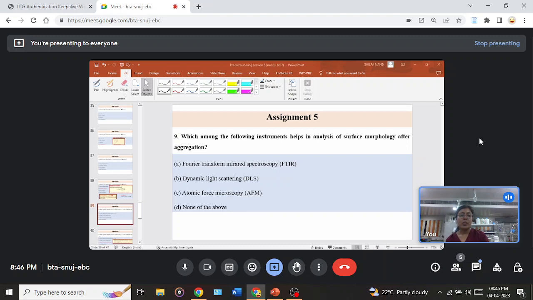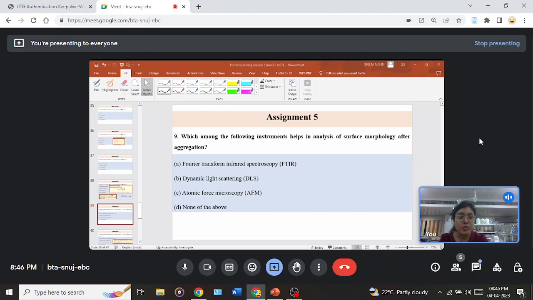So any alpha helix will have the peak present at that particular wave number. Again, for beta sheets, a similar situation is there. So FTIR does not help in directly analyzing the surface morphology, rather it helps in analyzing the secondary structure of the protein. So you can rule out option A.